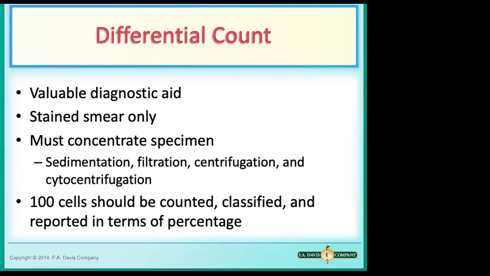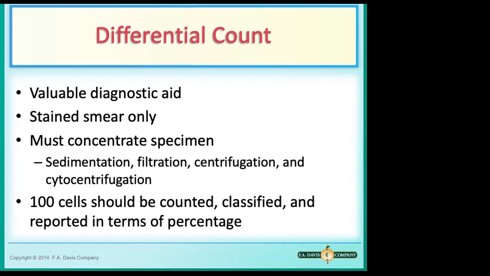Now, when you're doing a differential count on a CSF, it's very difficult. It is not an easy thing to do. It's very different than performing a differential count on a regular blood. When you do it on regular blood, you'll learn it really quick and it's easy. But when you do it on CSF, the cells appear very differently, and it is not an easy procedure.